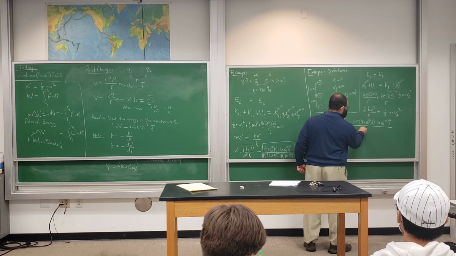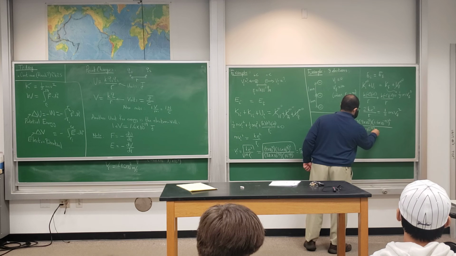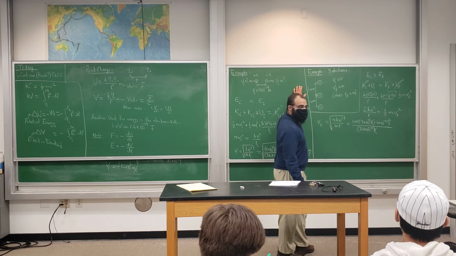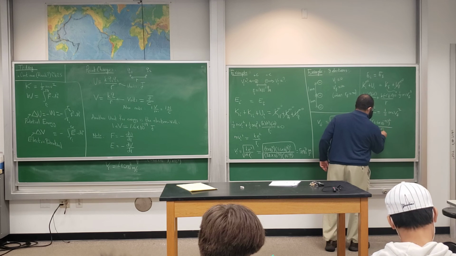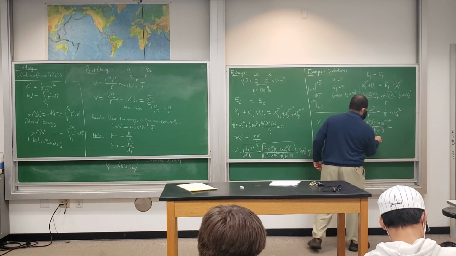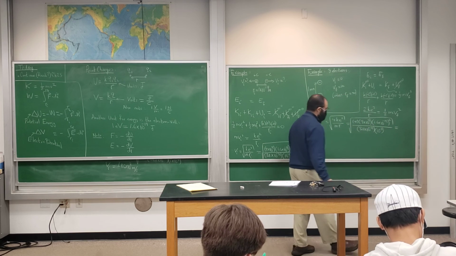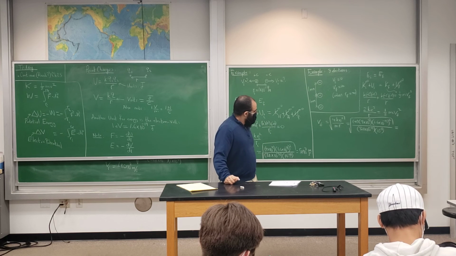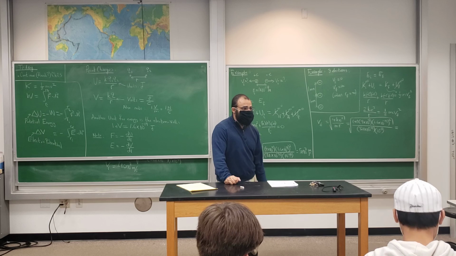Does anyone remember? 9.11 times 10 to the minus 31. Good. And then R is 1 millimeter, right? So 10 to the minus 3 meters. But don't forget to take the square root of the whole thing. And according to the answer, it's about 1,000.